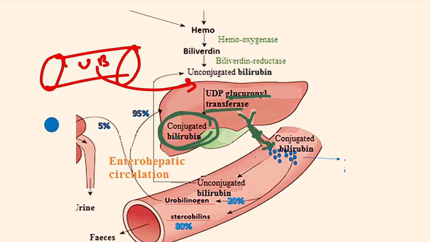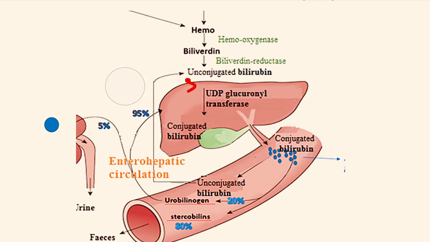But in case of biliary atresia, what is biliary atresia? Biliary atresia means there is atresia, or congenital obstruction, of the common bile duct.